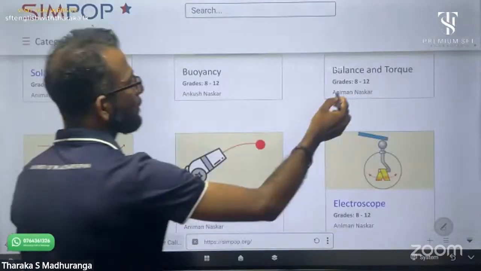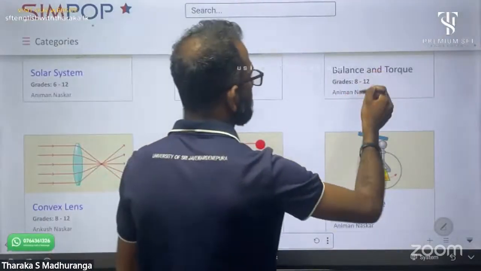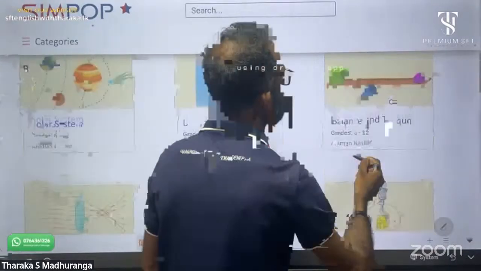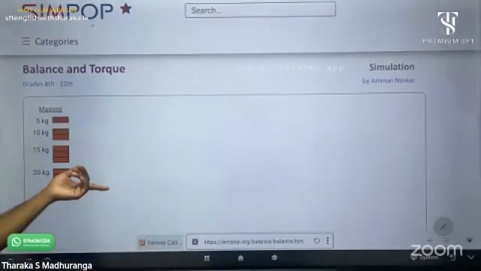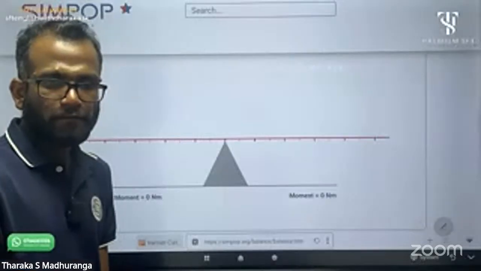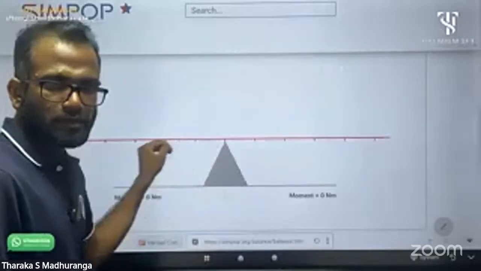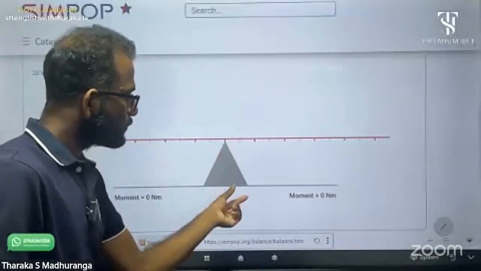Okay, this one is a practical. This is a meter ruler, and this is a knife edge.